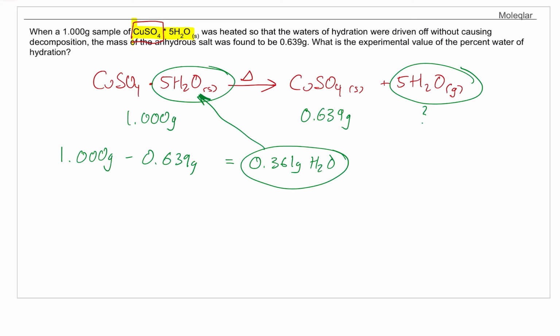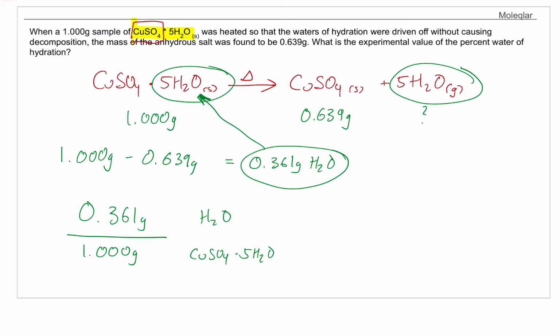If 0.361 grams of H2O was driven off, that must mean that our original sample of 1 gram had it. So what is our ratio between water and the total mass of our sample? Our mass of water driven off versus the entire mass of our original sample of the hydrate, right? So H2O is this, and this is going to be CuSO4·5H2O. We can look at that ratio.